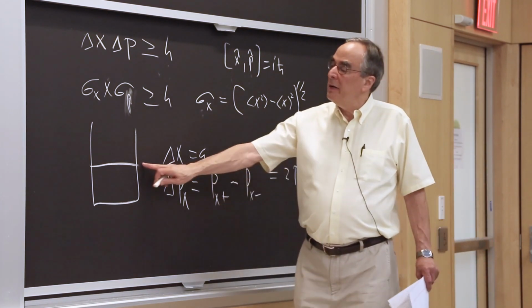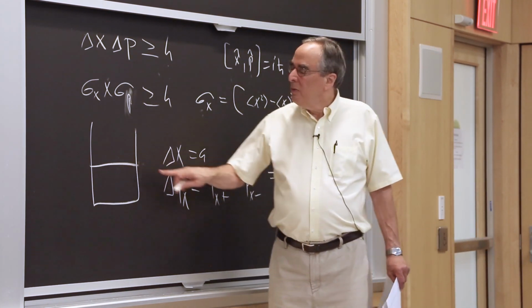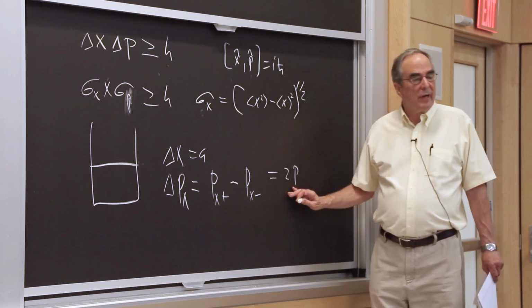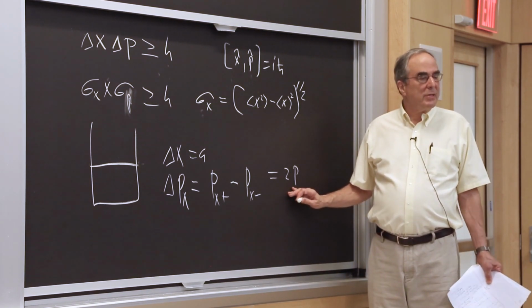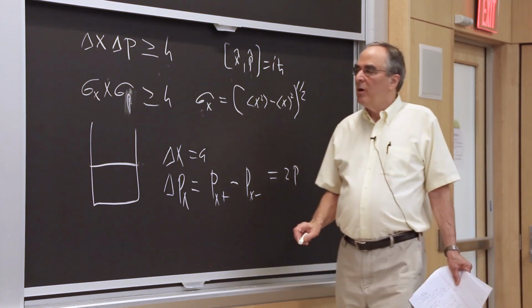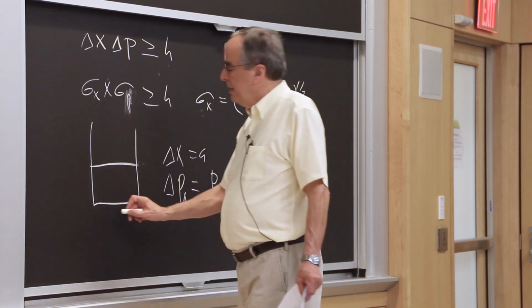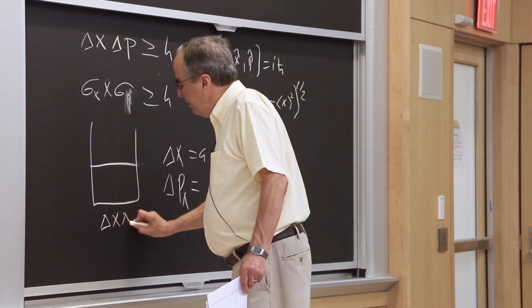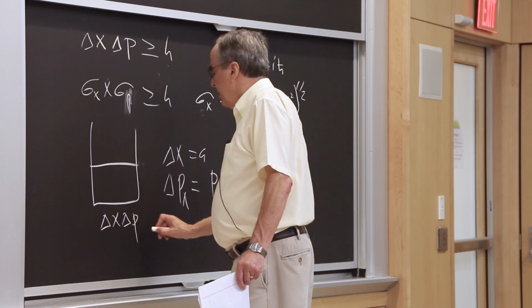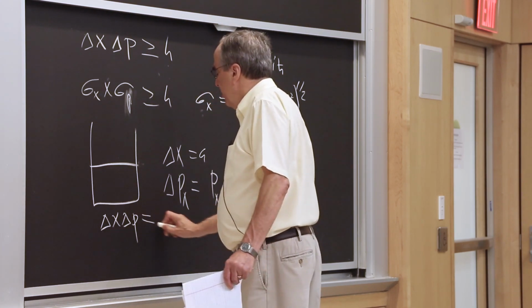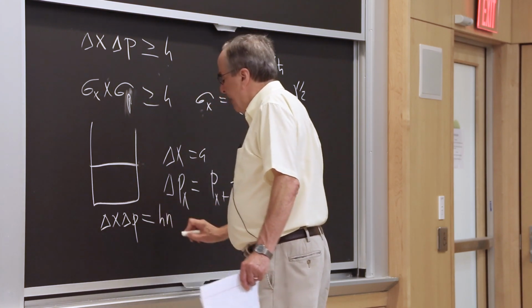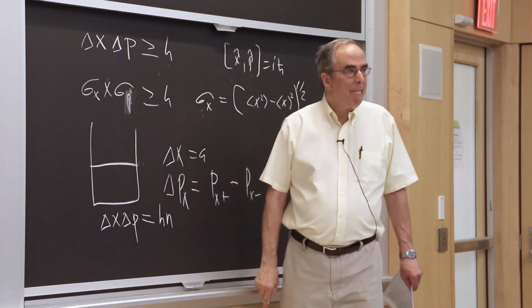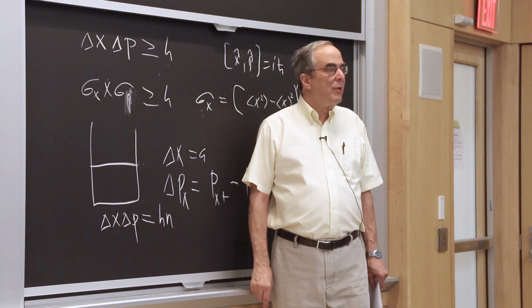And if we know what quantum number we're in, we know what the expectation value for p, the momentum, is. And what we derive is that delta x delta p is equal to h n. You can do that.